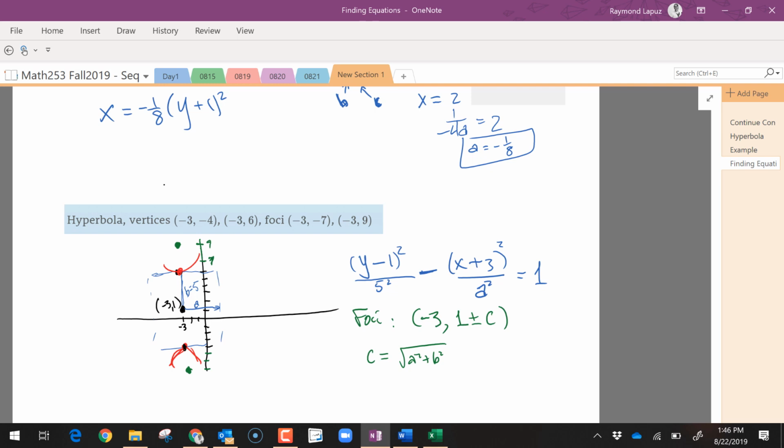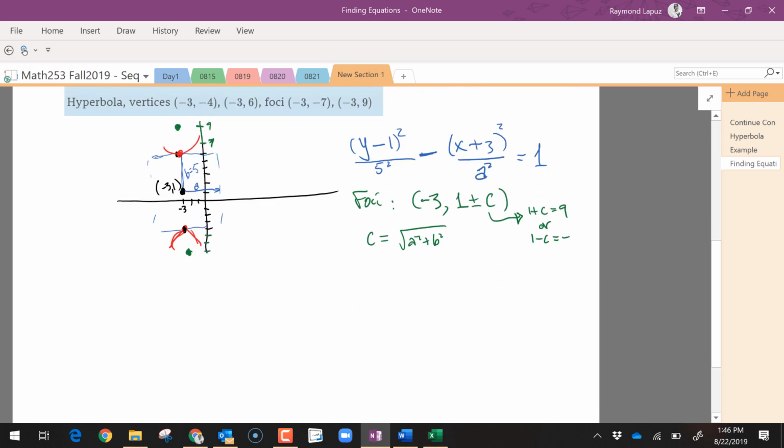Right? So what's c equal to? 8? So c is equal to 8, and b is equal to 5.